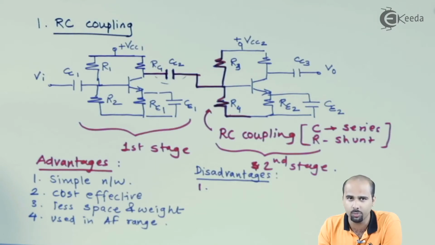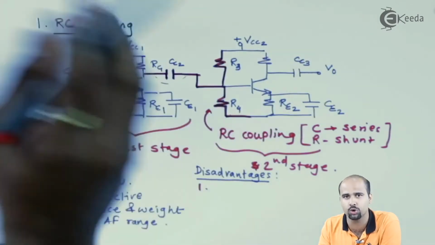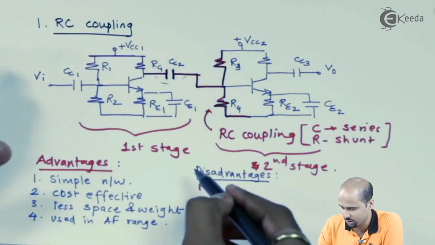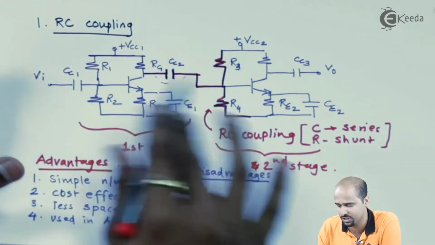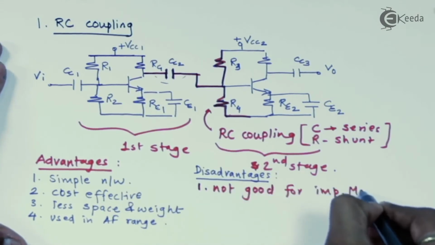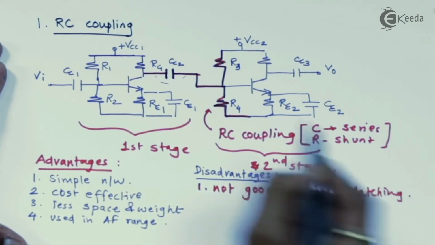Then what will happen? We'll have to connect another circuit which will match the two impedances, right? So basically this is not even used for impedance matching, right? So impedance matching is not good for this particular RC coupling circuit. Not good for impedance matching.